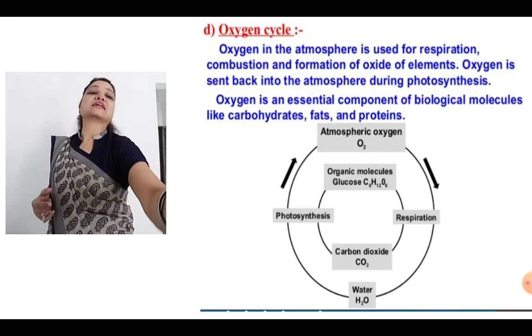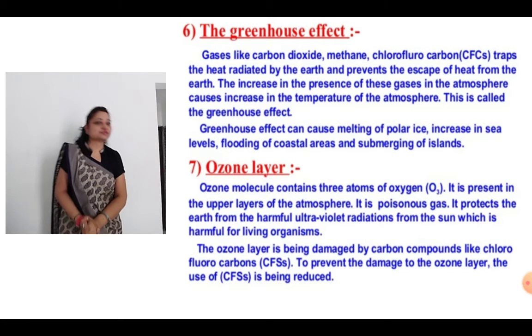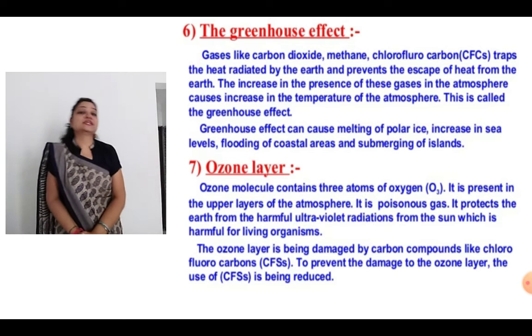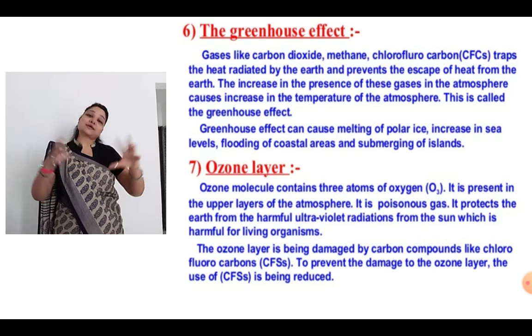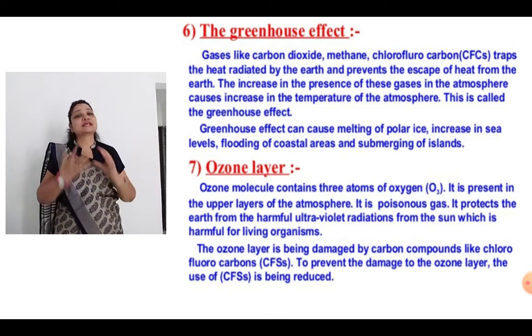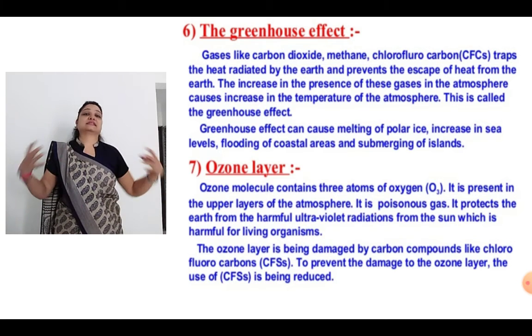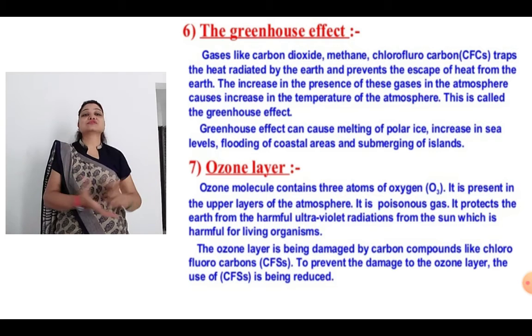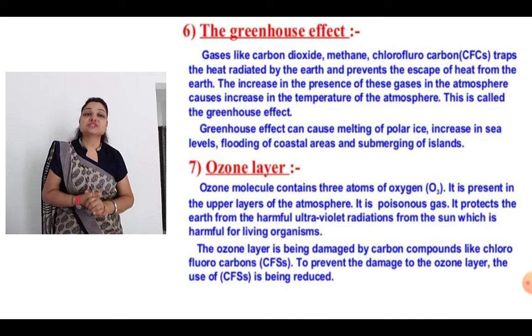Yes, one more thing that I would like to discuss is the greenhouse effect. Again, the previous knowledge, you know that the greenhouse gases like carbon dioxide, methane, CFCs, trap the heat radiated by the earth and they prevent the escape of heat from the earth. Because of that, the earth gets warmer. Because of these gases, the atmosphere causes an increase in temperature.